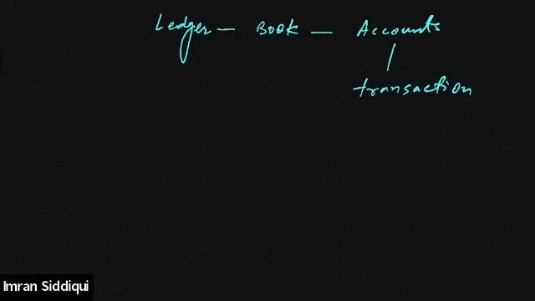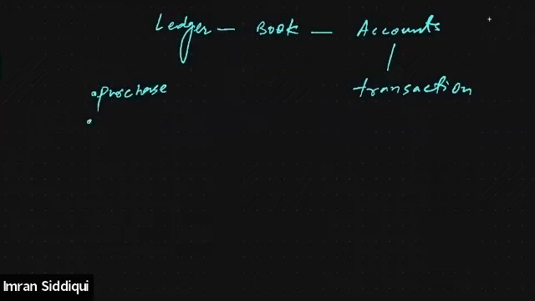See, while covering the chapter journal entry, I explained that journal is a book where we record all kinds of transactions at one place, right? Every transaction is recorded at one place, that is called book of original entry or journal. But ledger is a book that contains different types of accounts for recording different kinds of transactions. For example, we conducted various transactions relating to purchases.